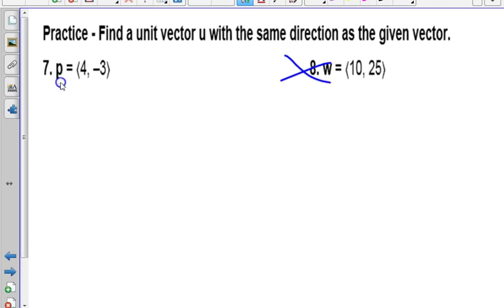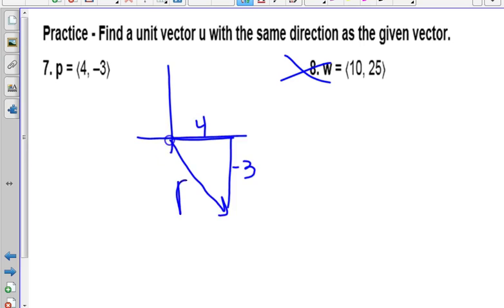We won't even do this one, but guys, what is the magnitude of this? If we went 4 to the right and down 3, this is the actual vector P right here. How long is it? We know this one. 5, right? 3, 4, 5 triangle.